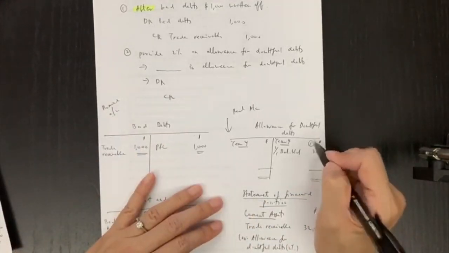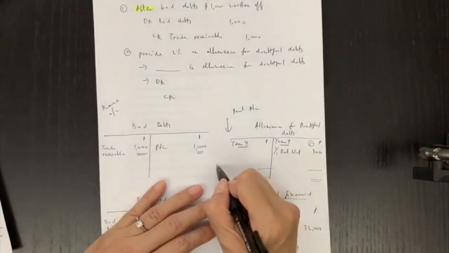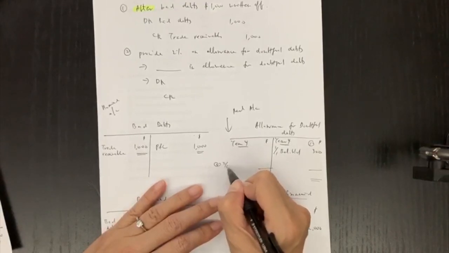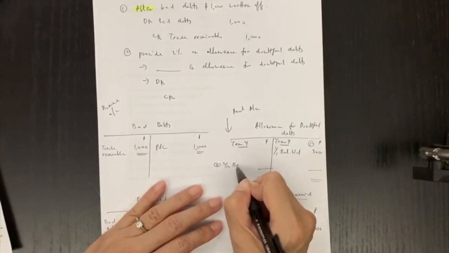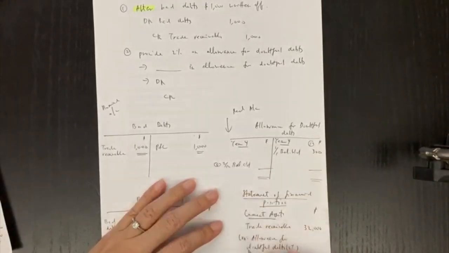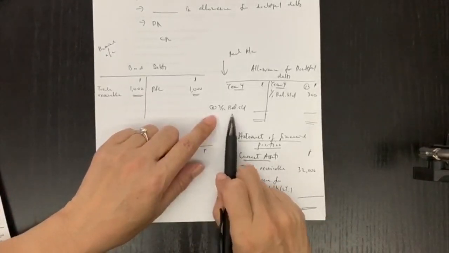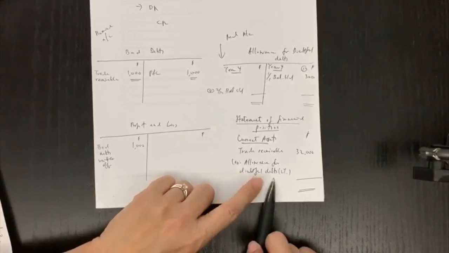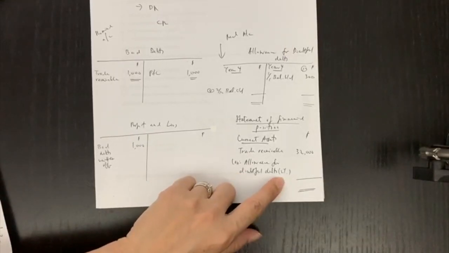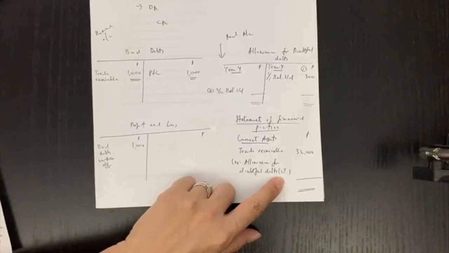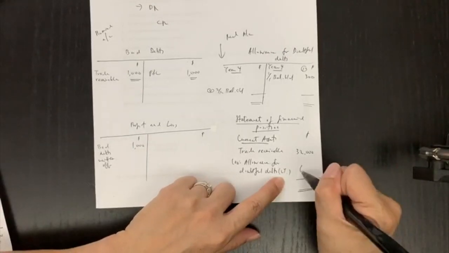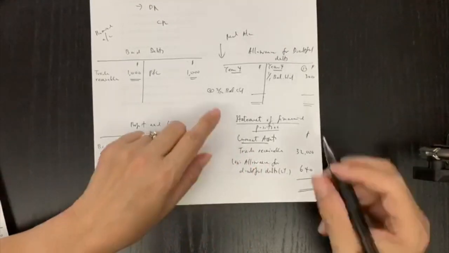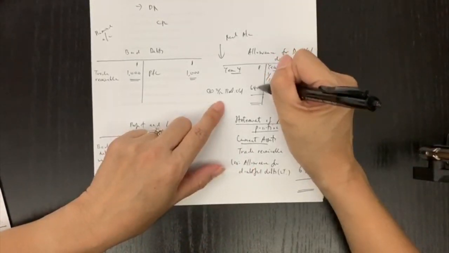Number 1, opening. Number 2, closing. So 31st December, balance carry down. So where to get closing depends on the percentage. 2% here, allowance for doubtful debts. So 2% on 32,000 times 0.02, which is 640. So here I also have 640.